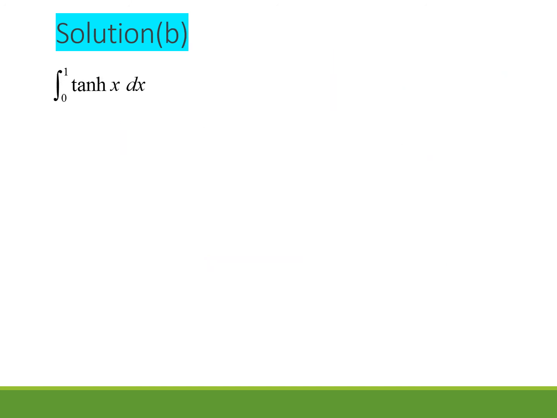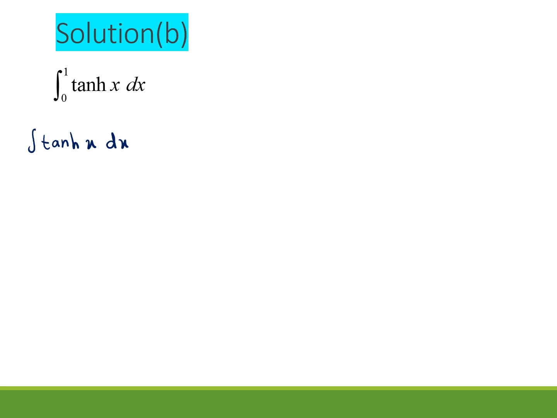Okay, now we want to find the integration of tangent hyperbolic x, where the interval is from 0 up to 1. If you refer to the formula, there is no formula for tangent hyperbolic x dx.